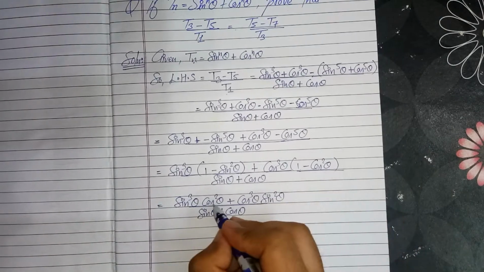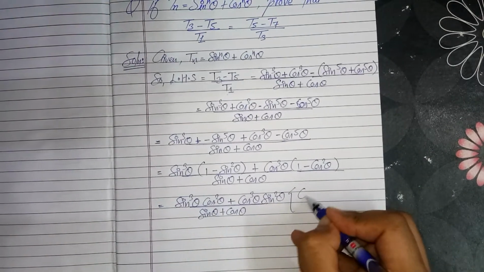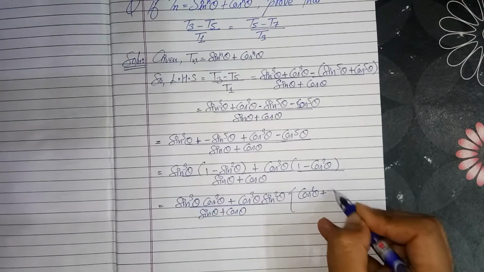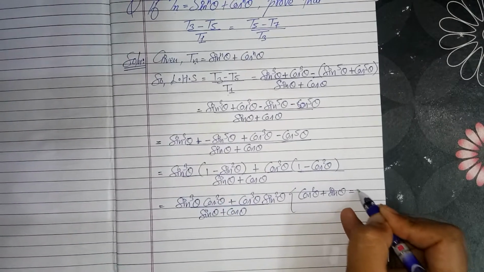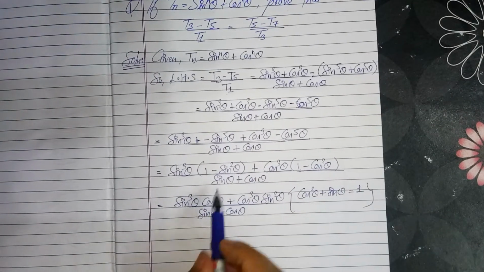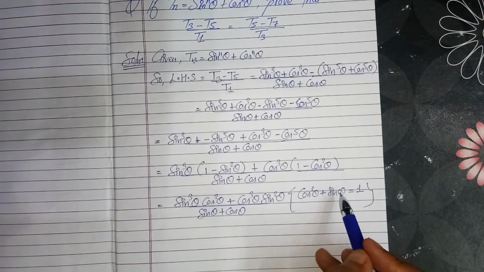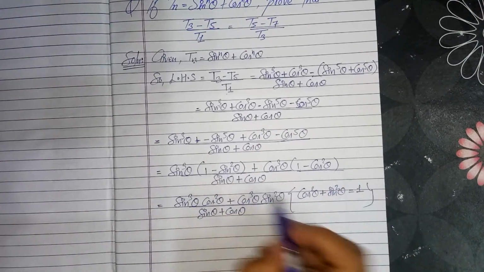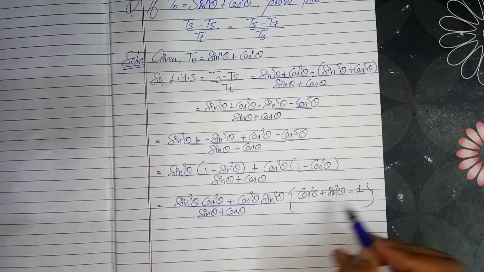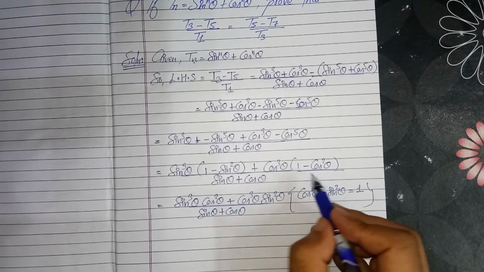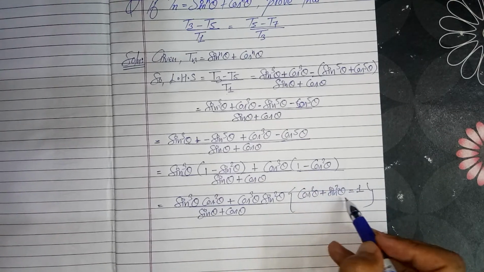Now I have just used the identity cos square theta plus sin square theta equals 1. So in place of 1 minus sin square theta, when I send this sin square theta to the right hand side, we get cos square theta. Similarly here we get the value of sin square theta.